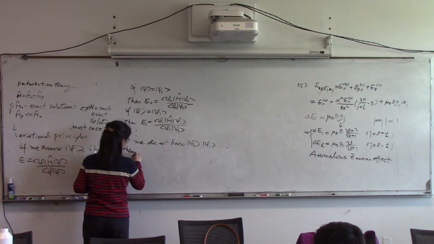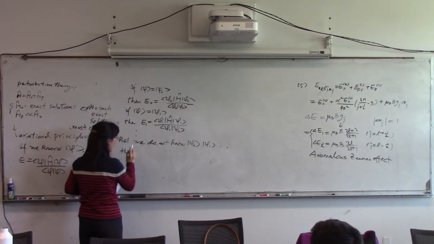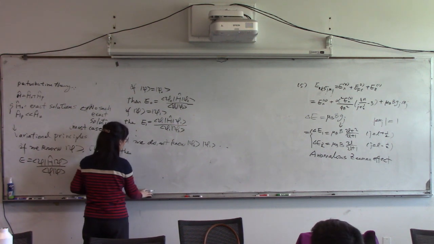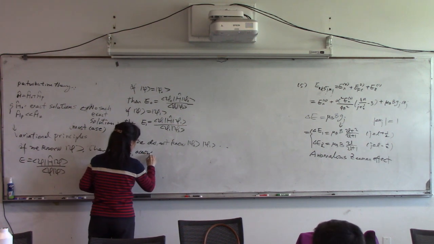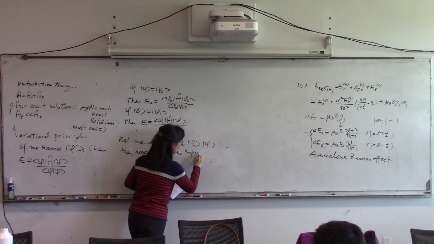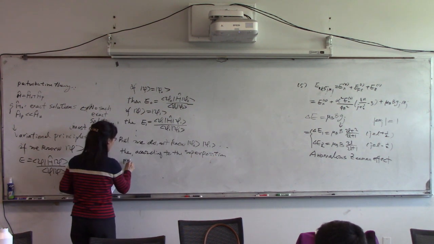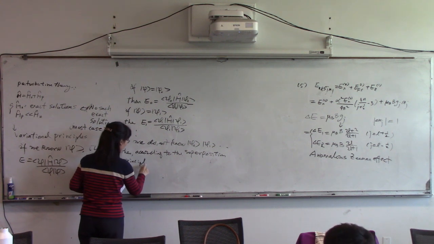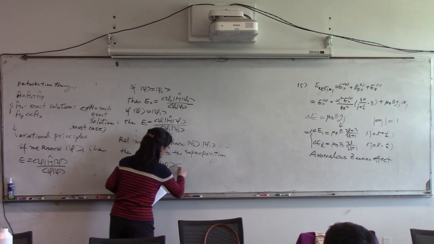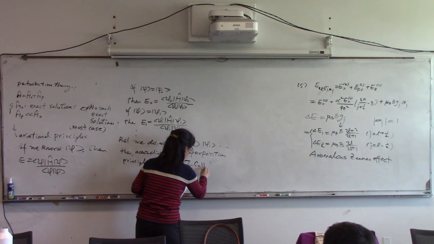Then we know any function in Hilbert space, we can expand in terms of the basis, right? According to the superposition principle, any linear combination. So any state can be expanded as a linear combination with coefficients c_n.